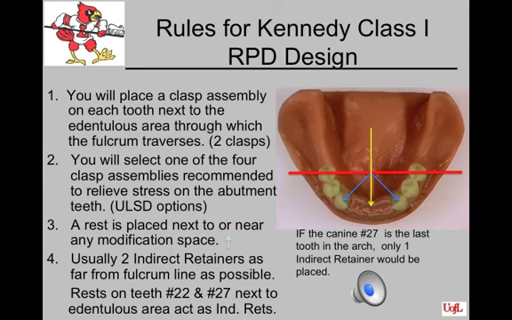Usually there will be 2 indirect retainers placed as far away from the fulcrum line as possible. In this example above, the rests on tooth number 22 and 27 are necessary because we need a rest next to each edentulous area, but they also act as indirect retainers.